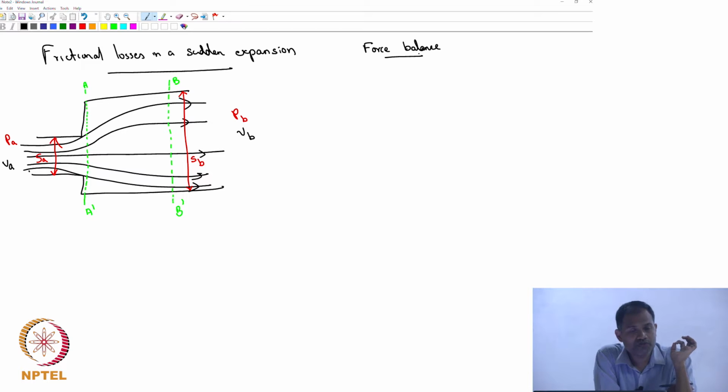What we are going to do is we are going to neglect the contribution that's coming from wall shear stress. Okay, that's an approximation.